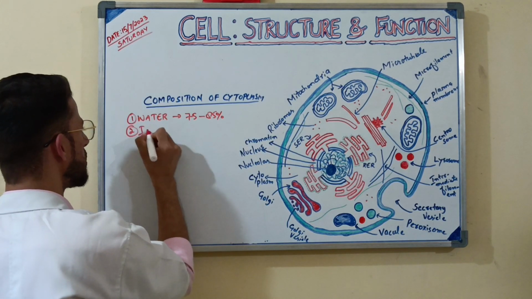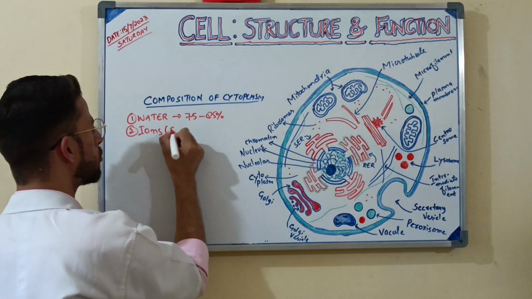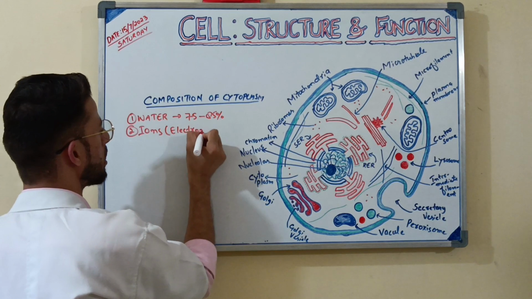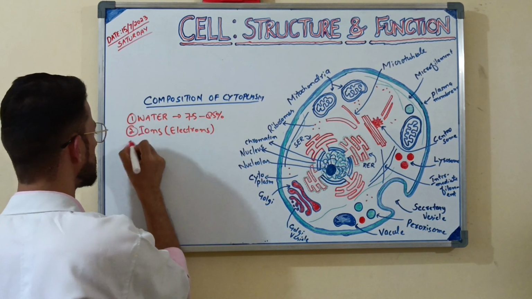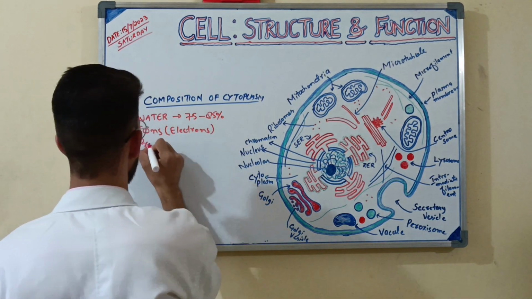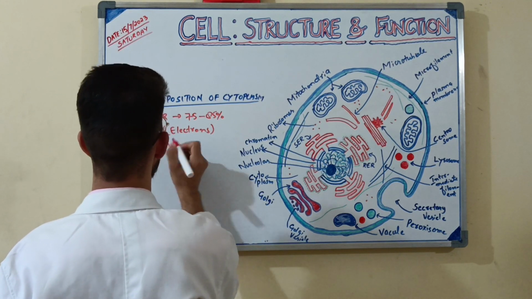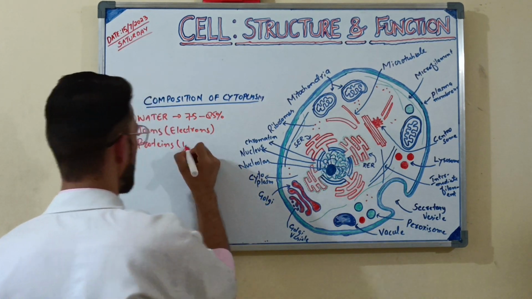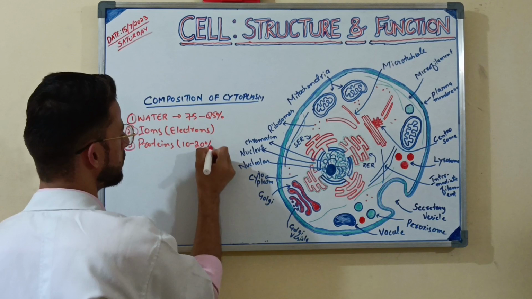Next one is ions, or we can say electrolytes. Third one is proteins. Proteins make up about 10 to 20%.